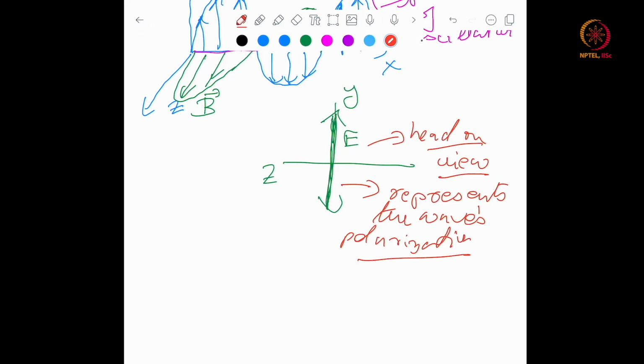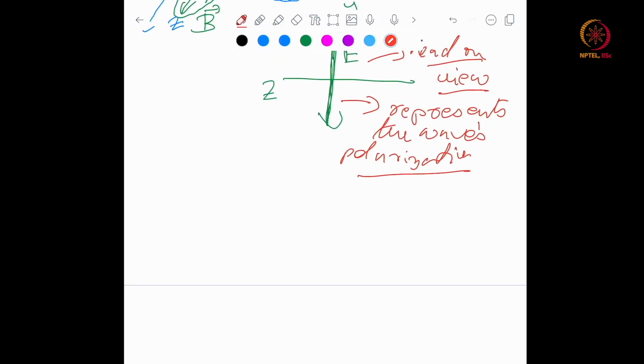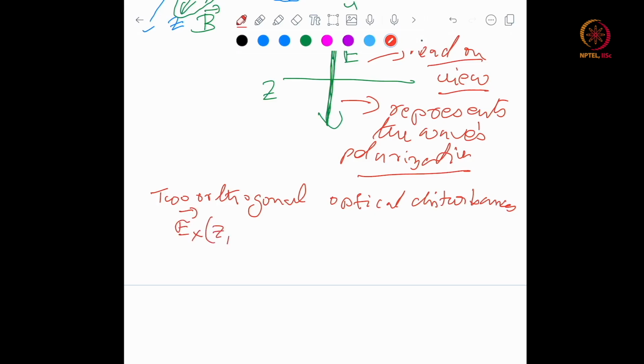Now let us consider two orthogonal components, two orthogonal optical disturbances. One is say Ex, and both are propagating in the Z direction, remember.